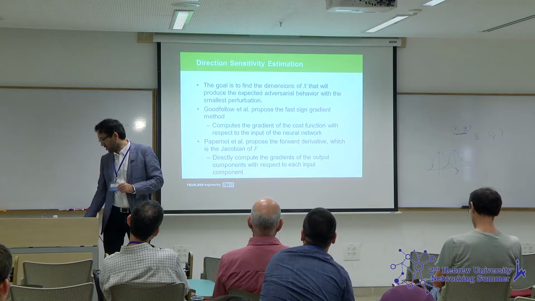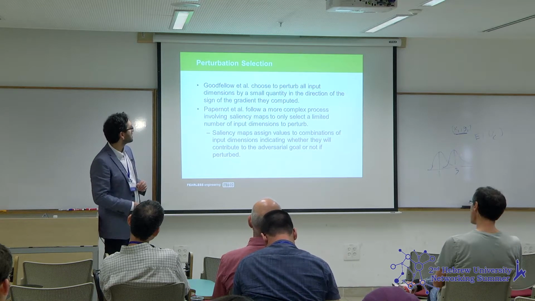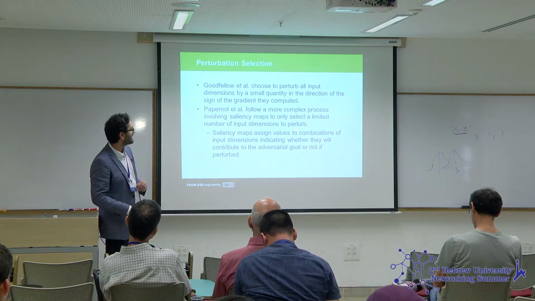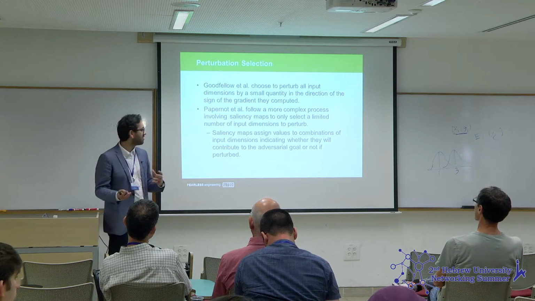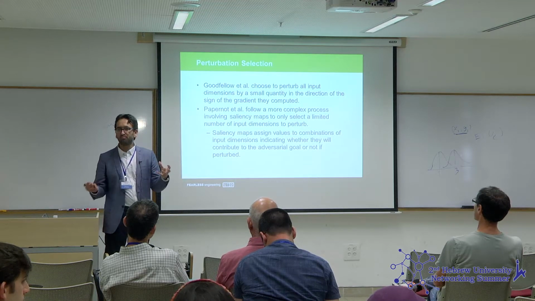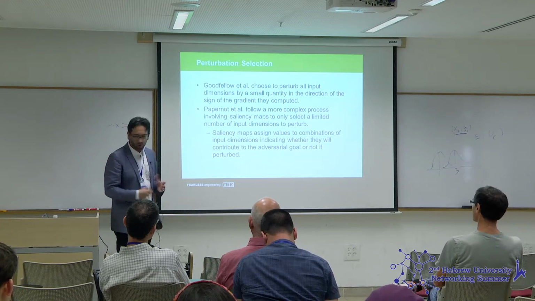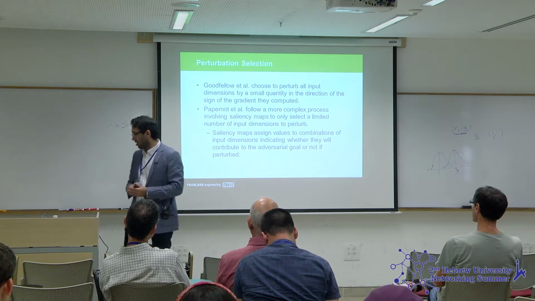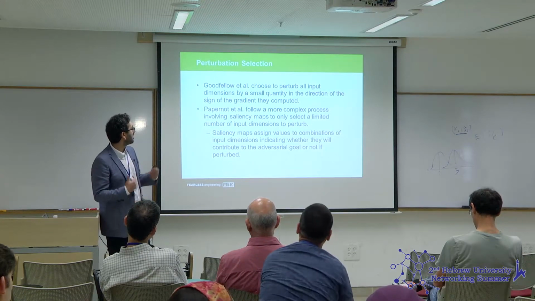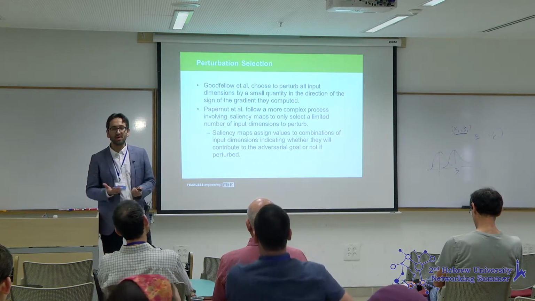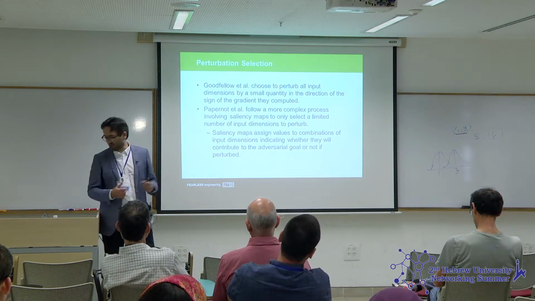And there is another one, the peppermint one, that looks into saliency maps that assign values to combinations of input dimensions, indicating whether they will contribute better together or not. So this requires a little bit more search. But still, you don't need to change all the dimensions. You can get away with selecting a limited number of dimensions to perturb.